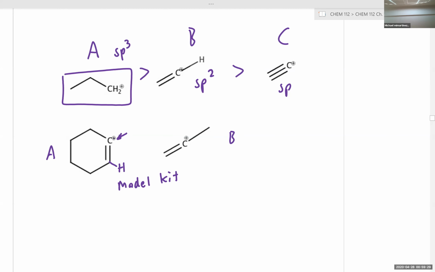Really try to think about the hybridization of this carbocation, and whether there's an issue geometrically. Would anyone like to take a guess as to which carbocation is lower in energy?